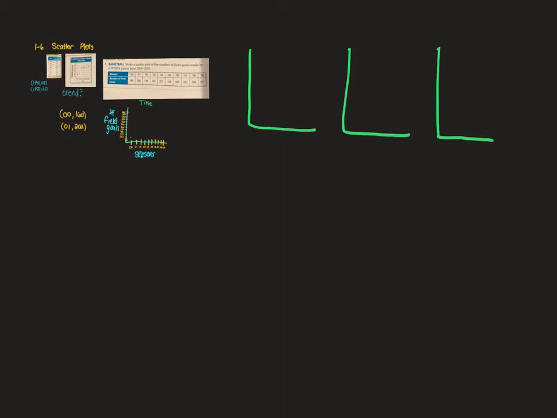All right, there are 3 basic patterns your scatter dots could start doing. Your scatter dots could do this pattern, or your scatter dots could do this. So we call the first pattern a positive trend. We call the second one a negative trend.